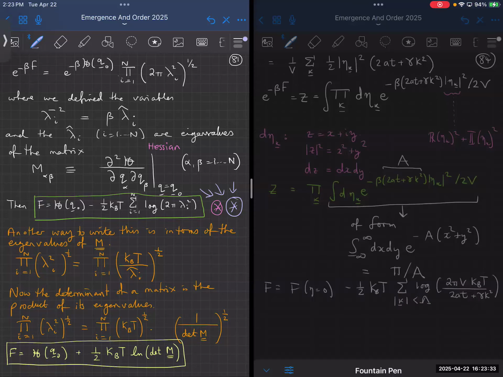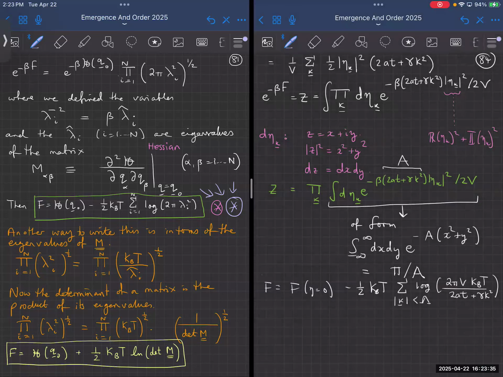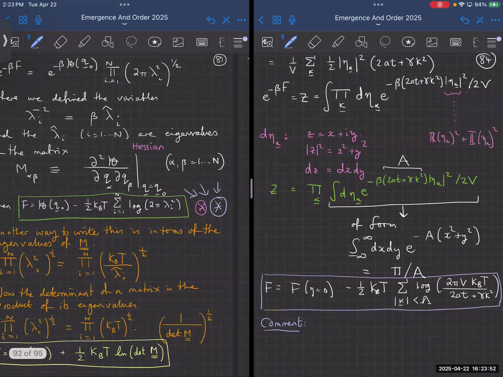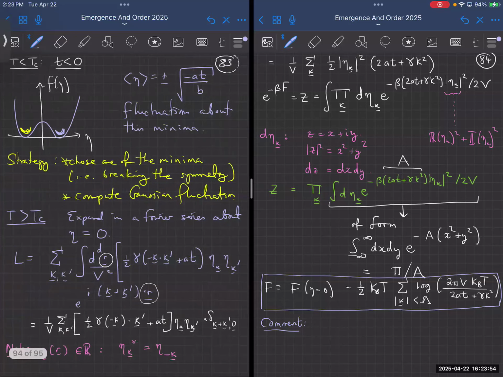Okay, so that is a final result for this, and I want to make one other comment about it. On the previous page, you can see that eta of k and eta of minus k are not independent.